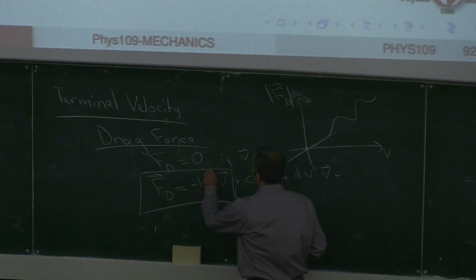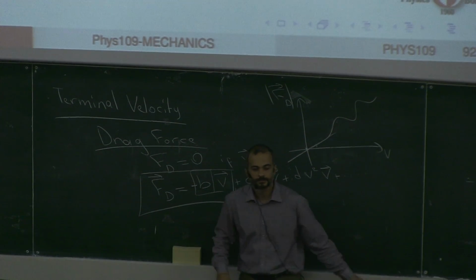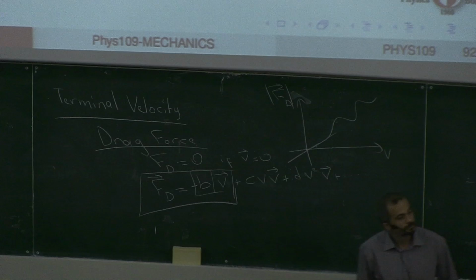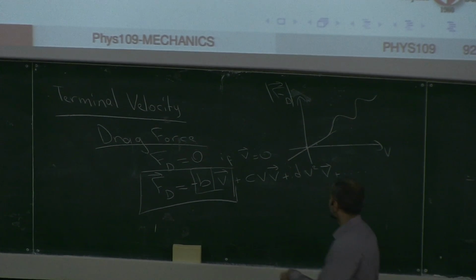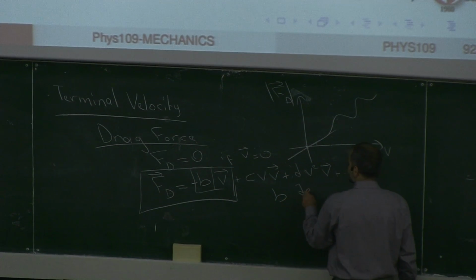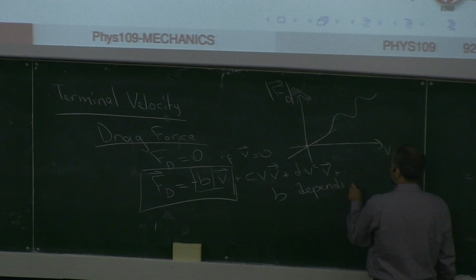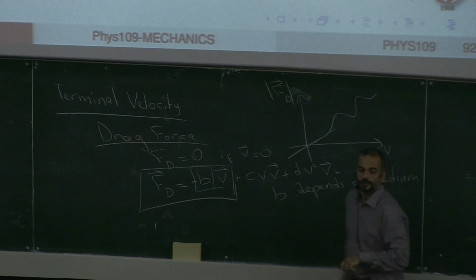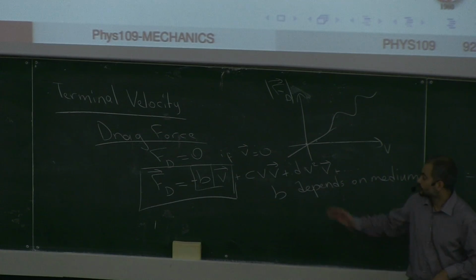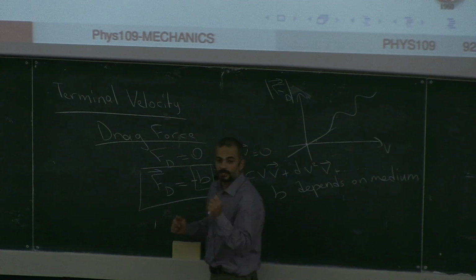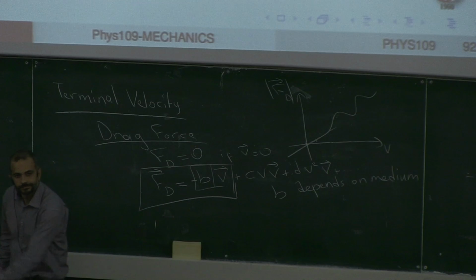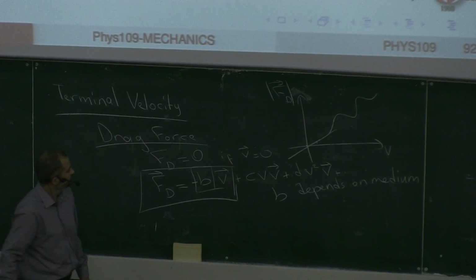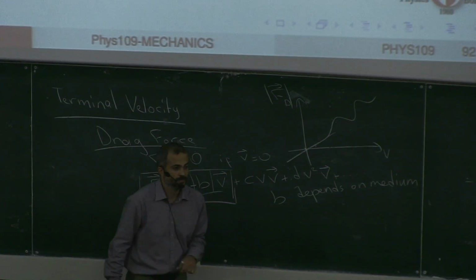So what can b depend on? Kind of media. Medium. Well, you know that if you are moving in air, the force you will feel is very small. If you take a spoon and try to move it in honey at room temperature, you need to apply a much larger force. So it will depend on the media that you are moving in.